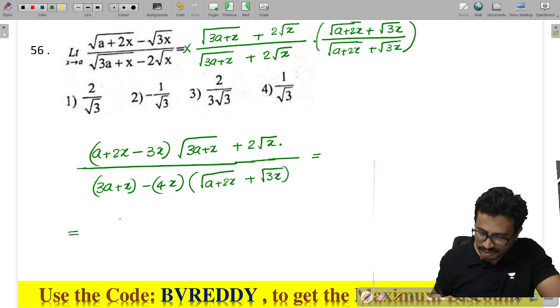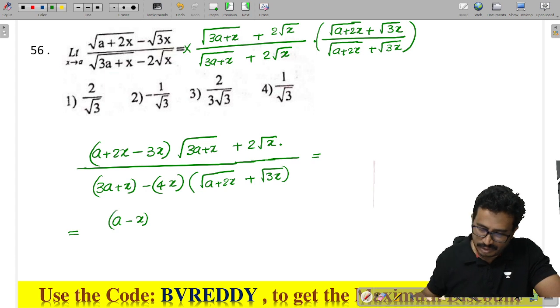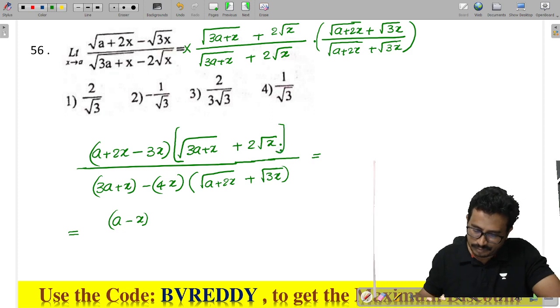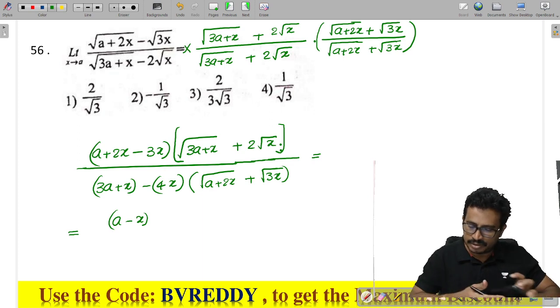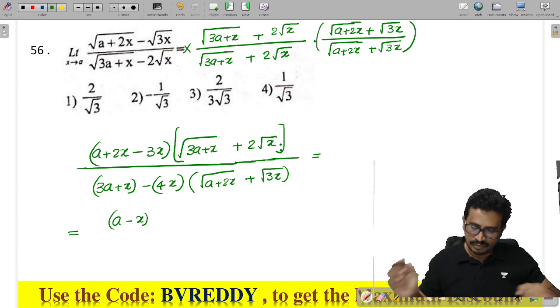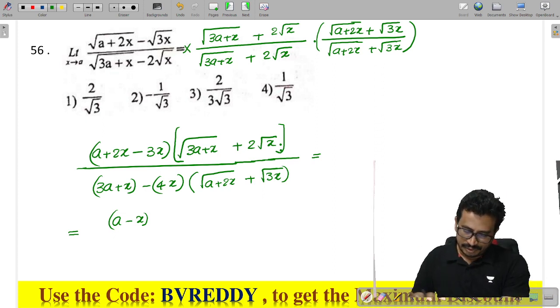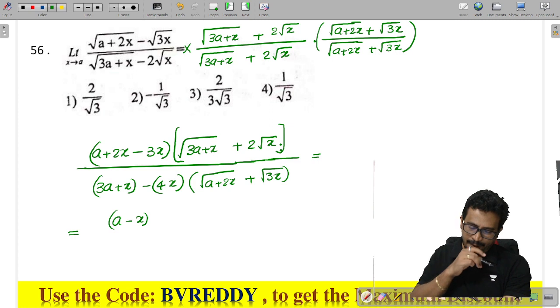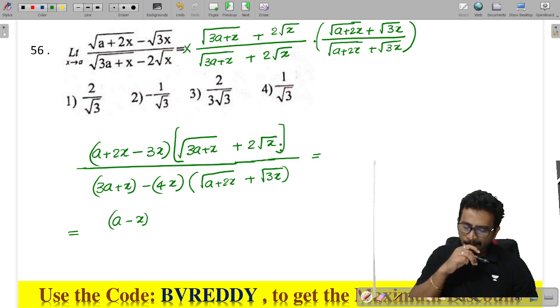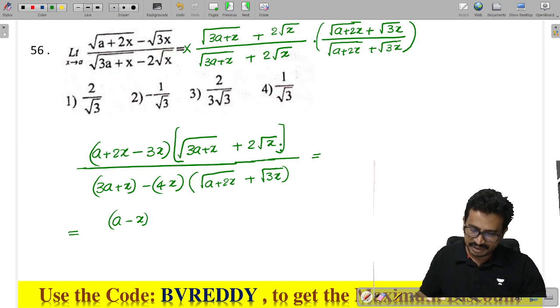If I simplify, it is a minus x. So a minus x. And do you get the 0 by 0 form here? If I replace x is equal to a, we'll get 0 in the denominator, also we will get 0 here.